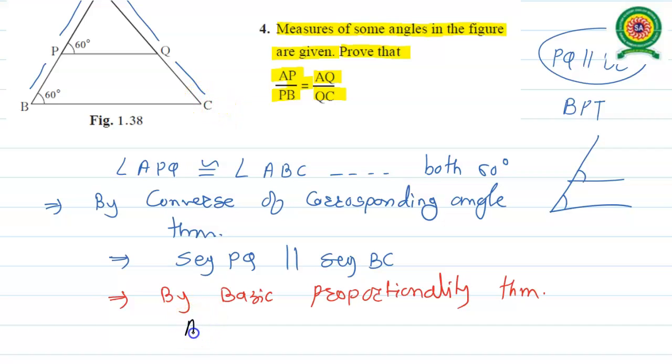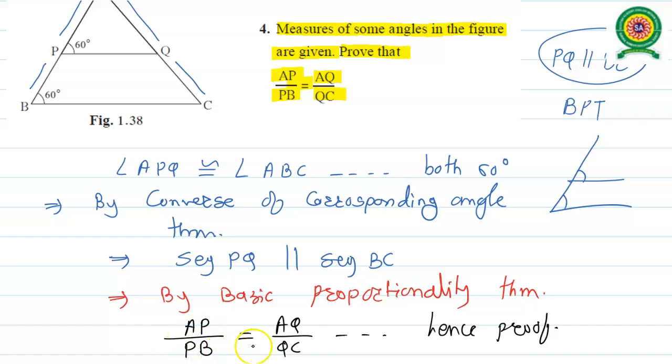That means the intercepts AP and PB, and on the next side the intercepts AQ and QC, are in equal proportion. Hence we have our proof. Look at the proof: we had to prove AP divided by PB equals AQ divided by QC.